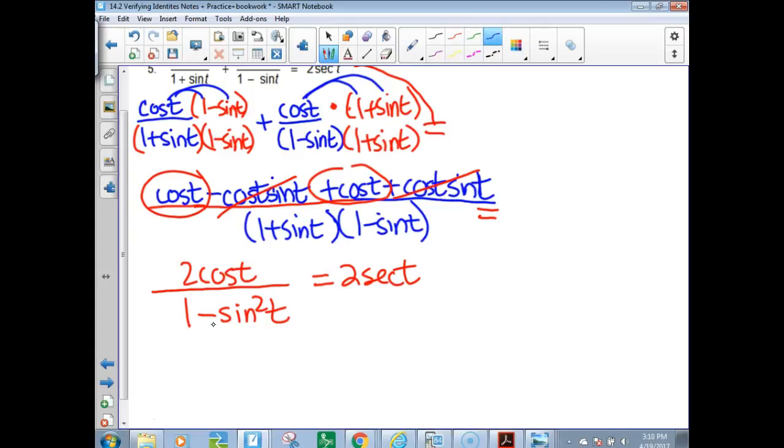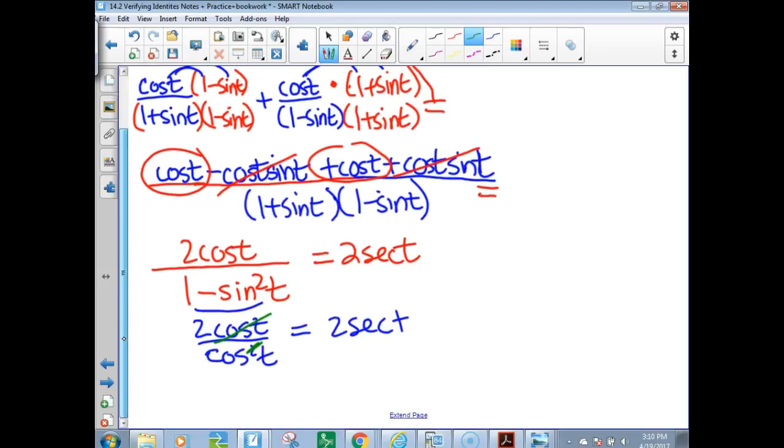You need to get that memorized. Doesn't this equal something? Yep, so we've got 2 cosine t over cosine squared t. You can replace 1 minus sine squared t with cosine squared t. And now just show me that you know you can cancel out 1 on the top with 1 on the bottom. Okay, so what I've replaced the 1 on the top with is a 1.